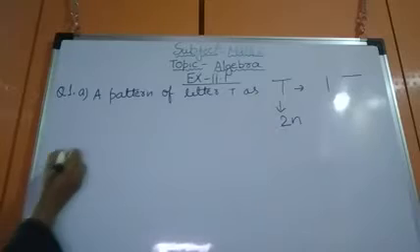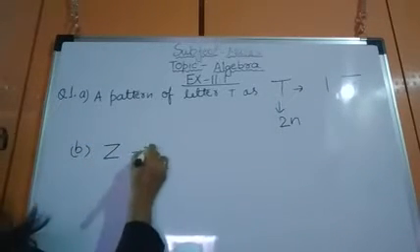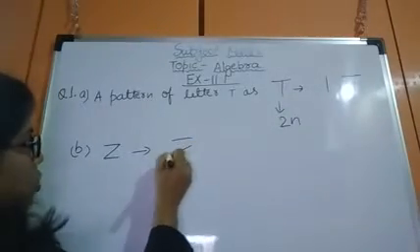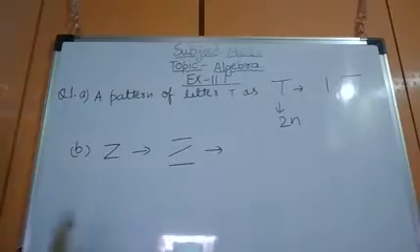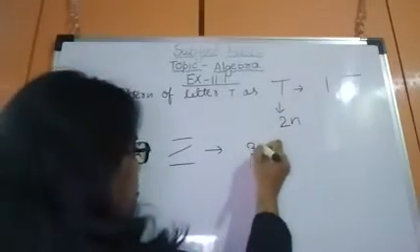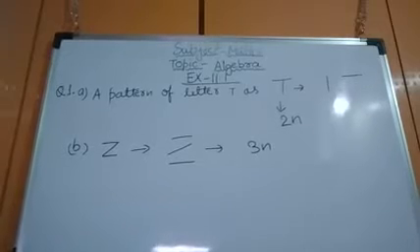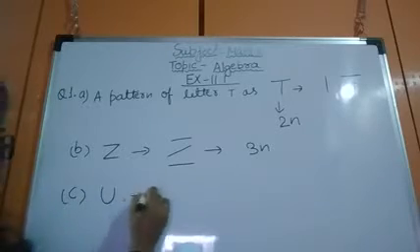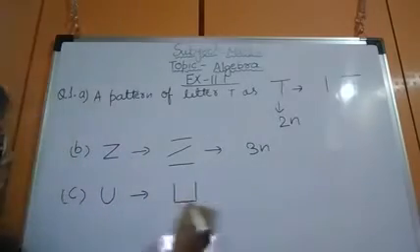Now for Z. Now you can see here one matchstick, two matchsticks and three matchsticks. Total how many matchsticks are needed? 3. So rule will be 3n. Now the next is you have to find it for U. See, for U, 1, 2 and 3 matchsticks are needed.